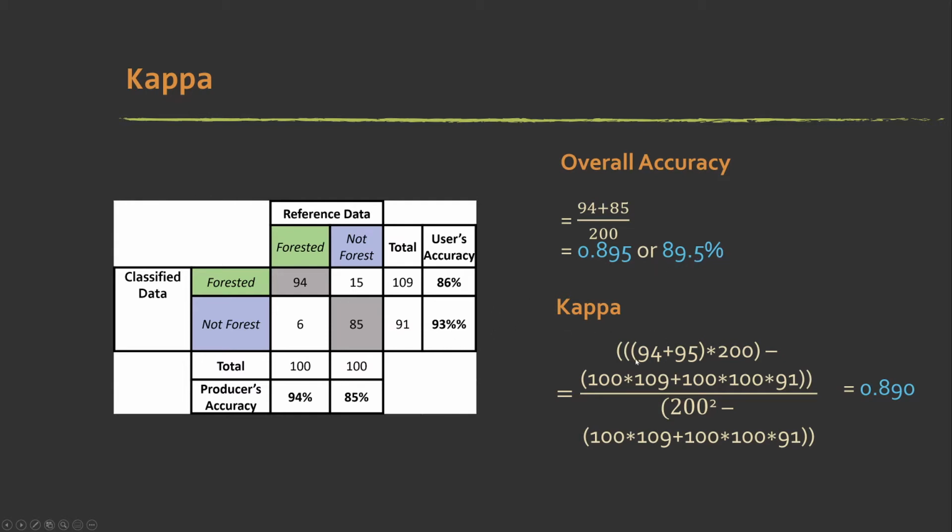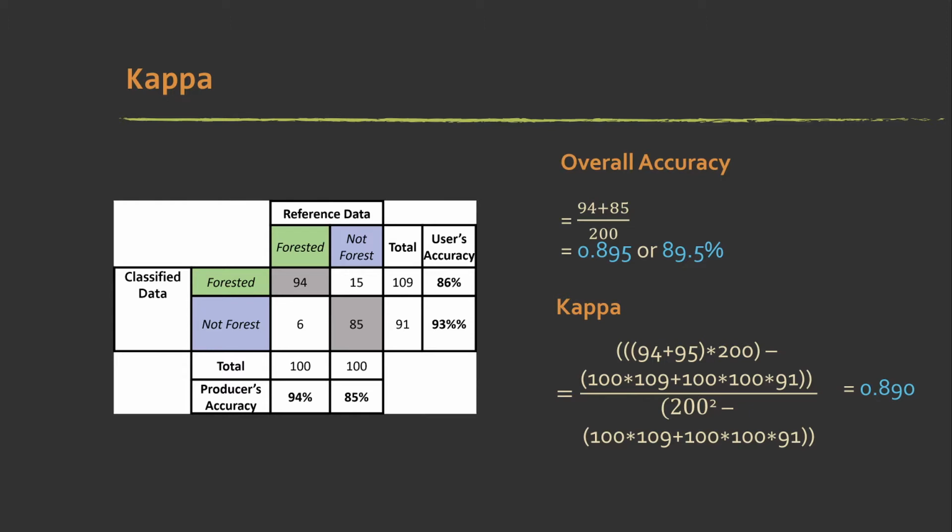To do kappa, we're doing the total correct times the table total, and then the table total squared, and that correction factor, so 100 times 109 plus 100 times 91, right? And that works out to 0.890 in this case. And then again, our producer's and user's accuracies: our omission errors here for the classes, and our commission errors here for the classes.